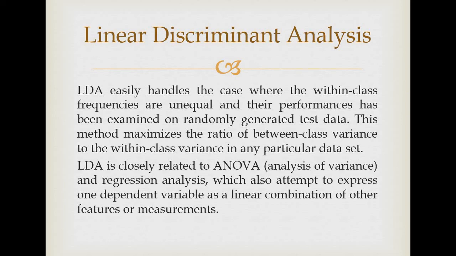LDA is closely related to ANOVA, which stands for analysis of variance, and to regression analysis. These are statistical topics you should be aware of, and this attempts to express one dependent variable as a linear combination of the other features or measurements.